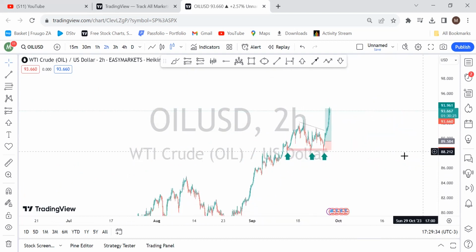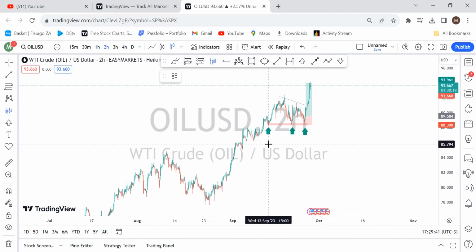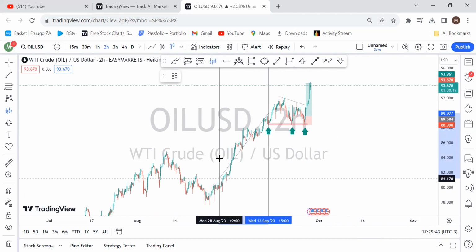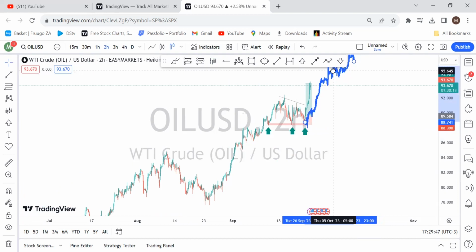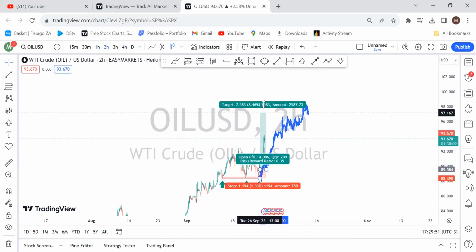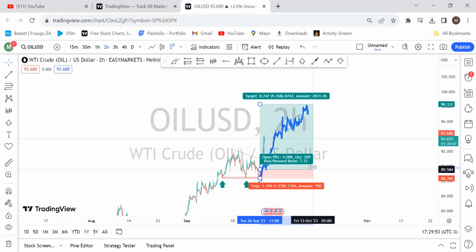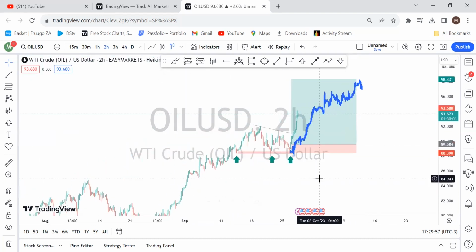Usually you would set your take profit based on the previous momentum, which is, let me just do that. So you would have this kind of movement. So this is the setup with oil.